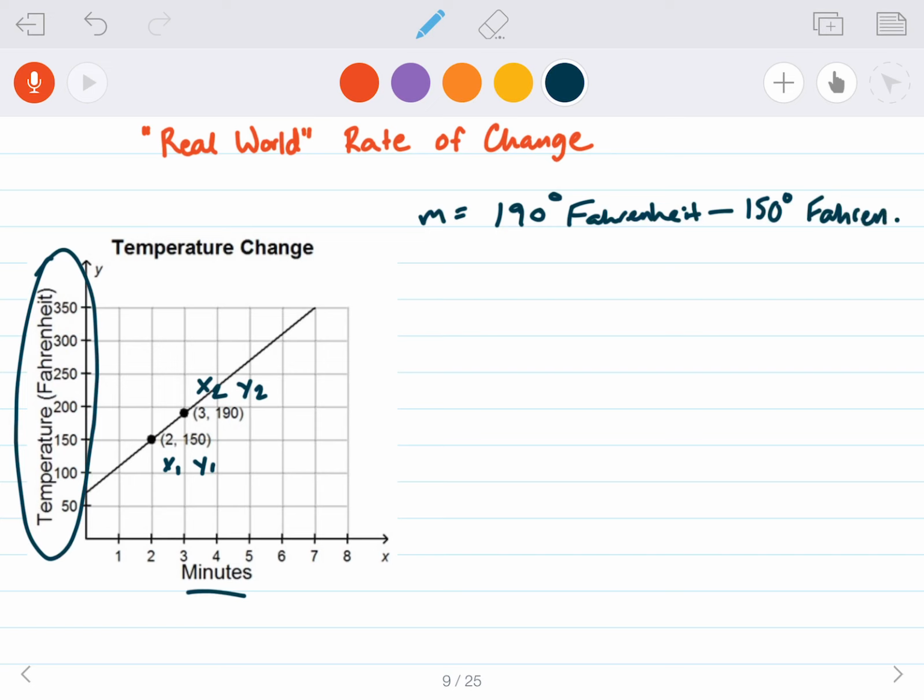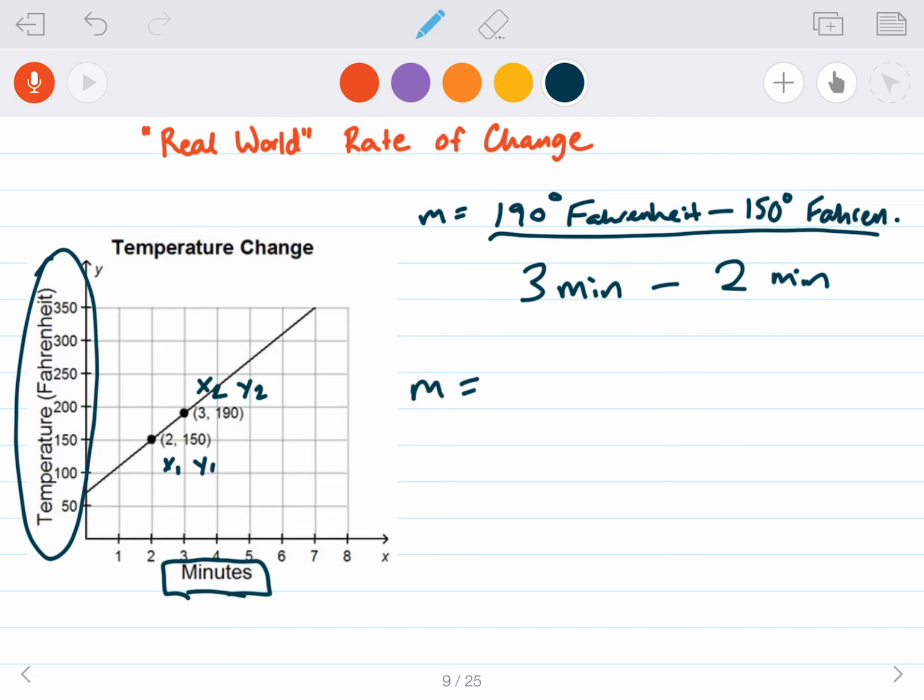All divided by, well, what are my units for x? Minutes. It's change in y over change in x, so this is going to be over 3 minutes minus 2 minutes. That's y2 minus y1 over x2 minus x1 with the units.